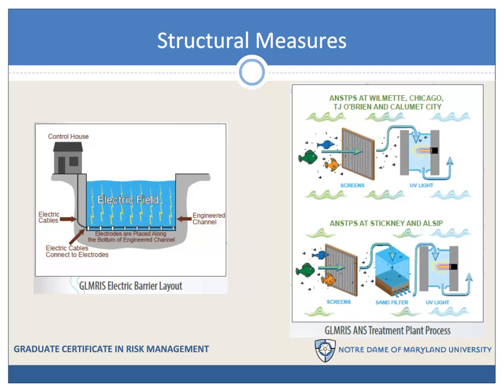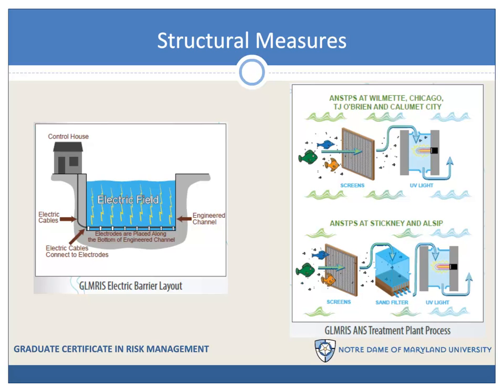So in addition to the lock, we have other structural measures. There's the electric barrier. One is already being used in the Chicago area water system. And then you have the ANS treatment plant process. The details are not so important to us.